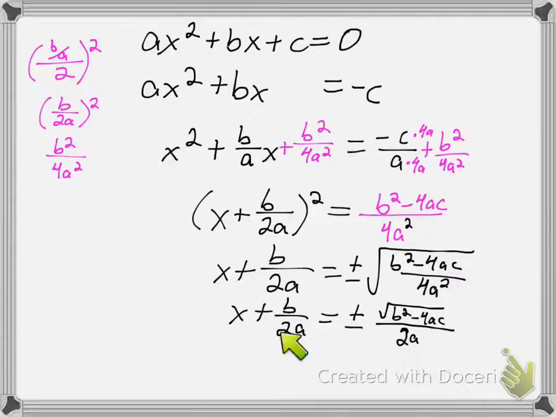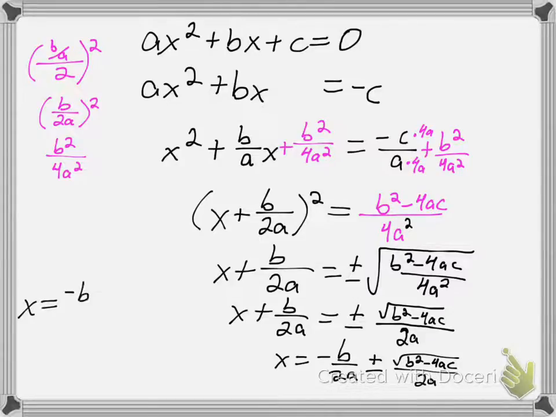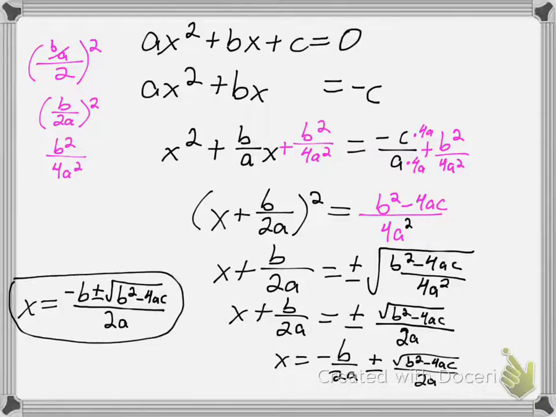Last step is to subtract the b over 2a from both sides. So x equals negative b over 2a plus or minus the square root of b squared minus 4ac over 2a. Since both those have a denominator of 2a, we can write it simply as negative b plus or minus the square root of b squared minus 4ac, all over 2a, and that's known as the quadratic formula.